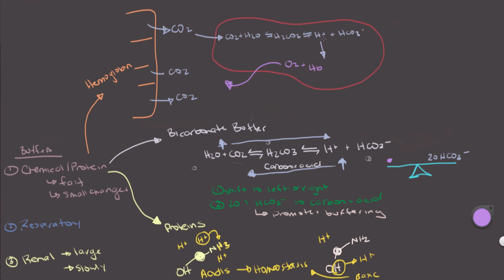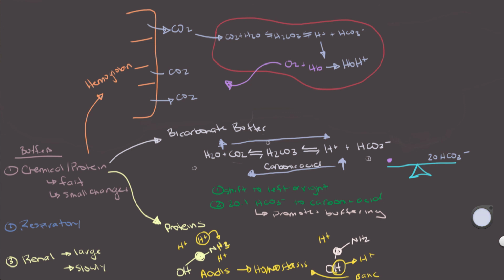This hydrogen ion is going to come down and bind to our hemoglobin molecule. So now we see a hemoglobin bound to hydrogen, and we've pulled that hydrogen out of solution. We created a hydrogen ion, pulled it out of solution, and now we've adequately buffered that acid that's been produced.